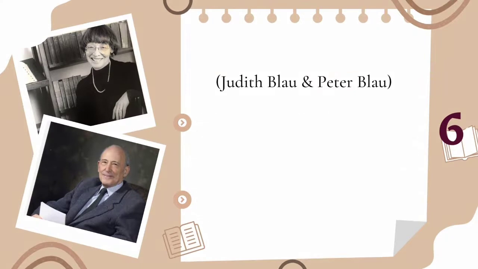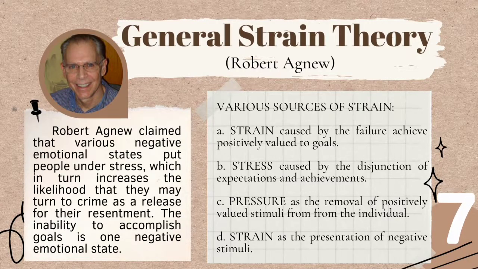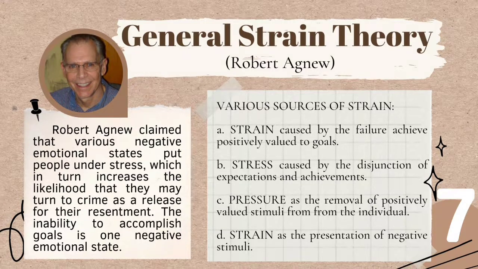So the seventh one is the general strain theory by Robert Agnew. Stress produces negative emotions such as anger or depression that promote delinquent behavior without adequate coping skills. Compared to Merton's explanations of strain theory, the general strain theory provides a broader view of the causes of crime.